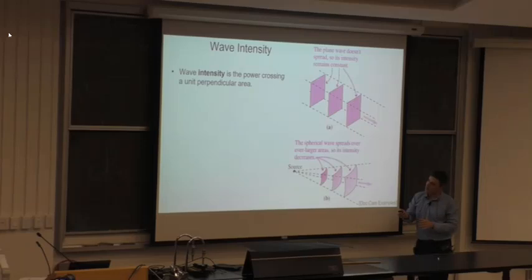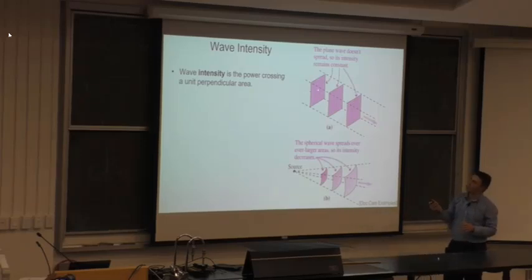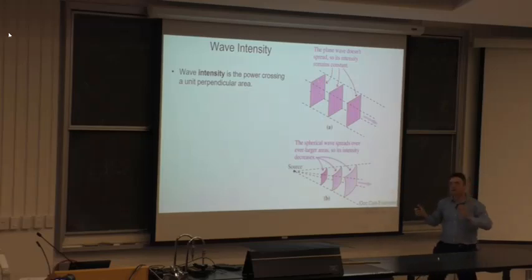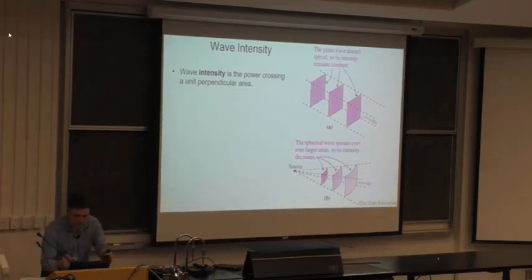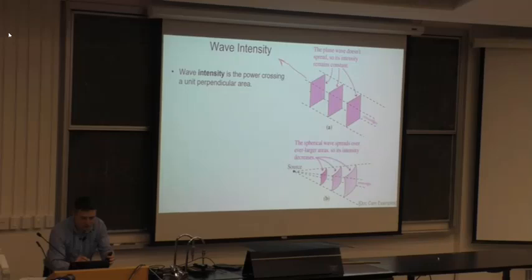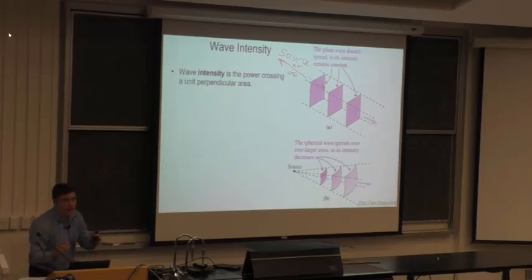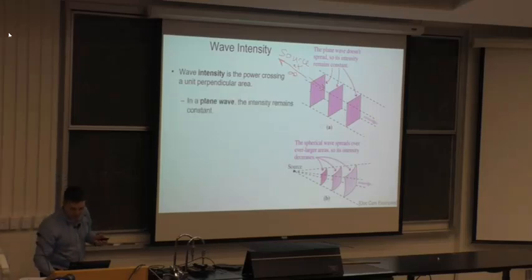And there's something called a plane wave. These are spherical wave fronts, but you can imagine you're very, very far away from the source. So maybe the source is out here, maybe at infinity or something like that. And then these wave fronts are traveling along, and the intensity here is not actually changing with distance.